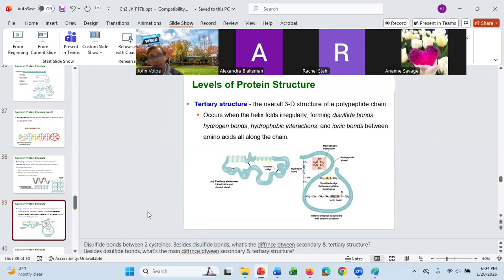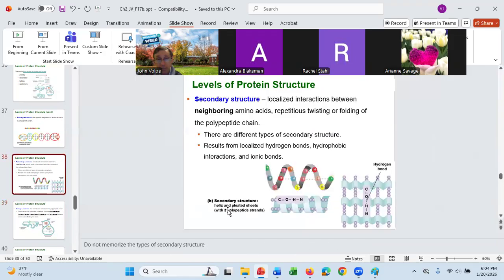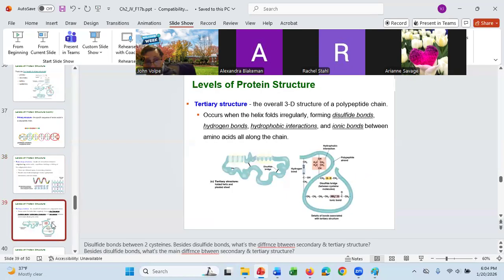The tertiary structure is the overall three-dimensional structure of the polypeptide chain, where we have all the forces of attraction and repulsion that we saw in the secondary structure. You can have hydrogen bonds, ionic bonds, ionic forces of repulsion, and nonpolar and polar molecules being repulsed from each other. You can have van der Waals forces of attraction. You're going to have all of these same forces in the tertiary structure as in the secondary structure.